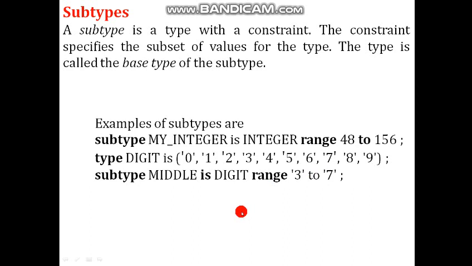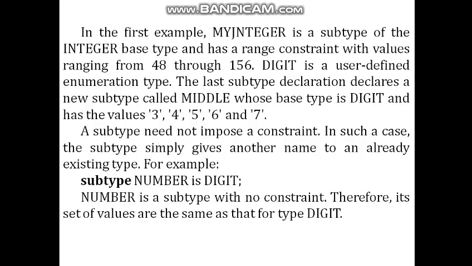A subtype need not impose a constraint. In such a case, the subtype simply gives another name to an already existing type.